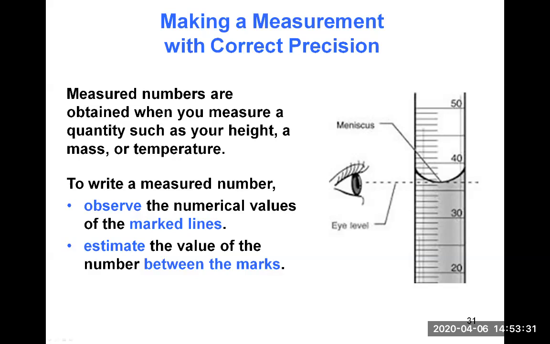So our volume is between 36 and 37 milliliters. Now we need to estimate where the dashed line falls between 36 and 37. Honestly, I would think that this is in the middle. So I would say it's 36.5. That is how I would read this measurement, 36.5.